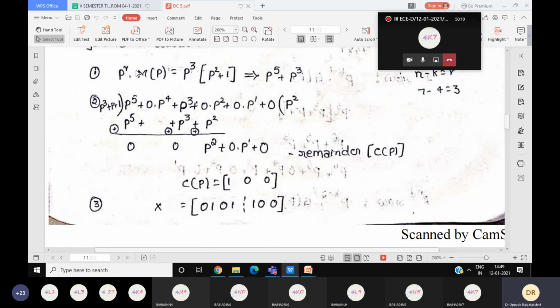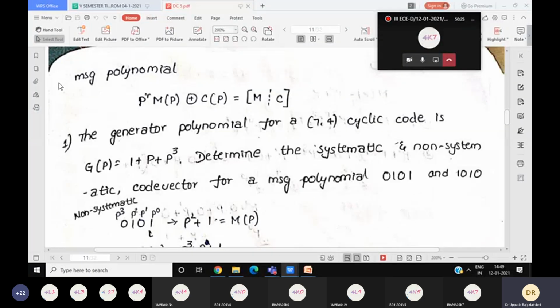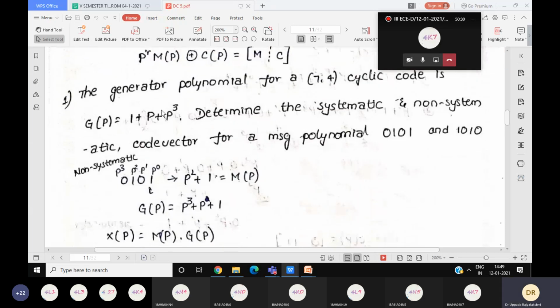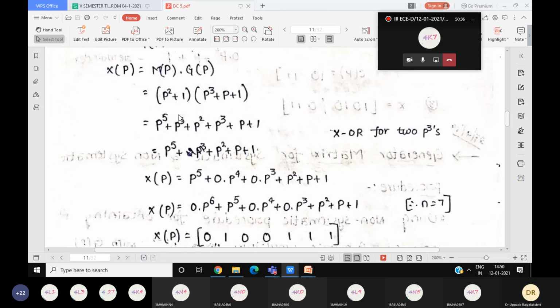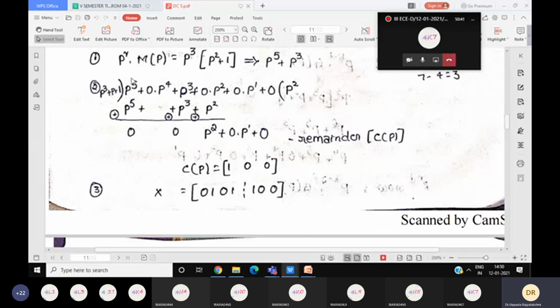So what is the second step? First step is to multiply the versus polynomial with p power r. Second step is to divide p power r into m of p by the generator polynomial. What is the generator polynomial? In the question, the generator polynomial is given as p cube plus p plus 1. I told you to rearrange the powers in decreasing order. So p cube plus p plus 1.